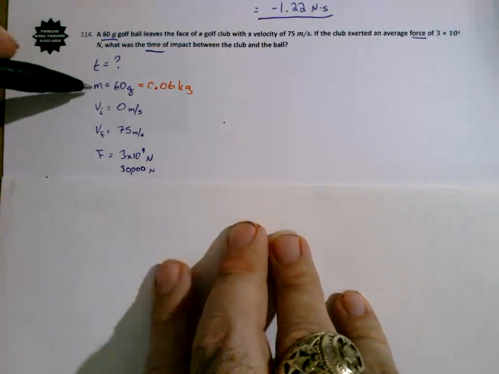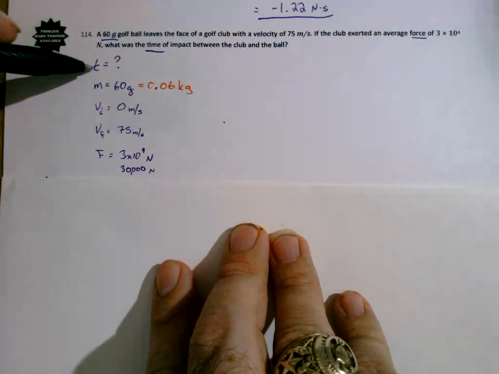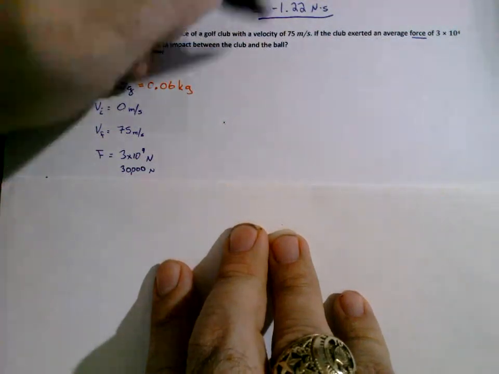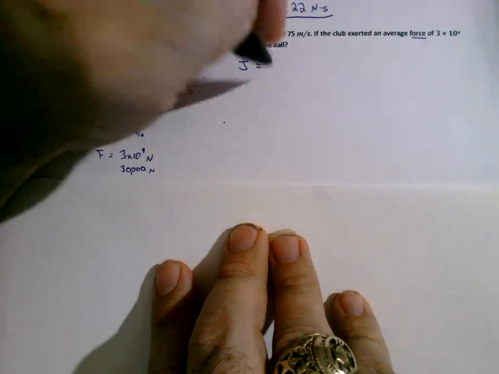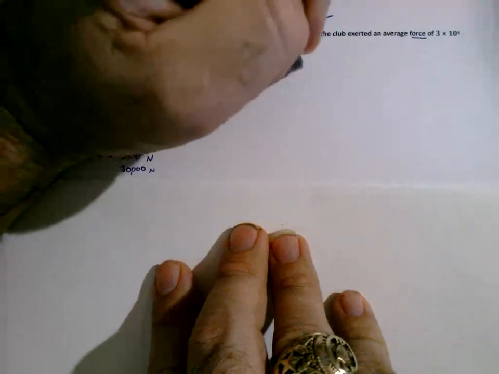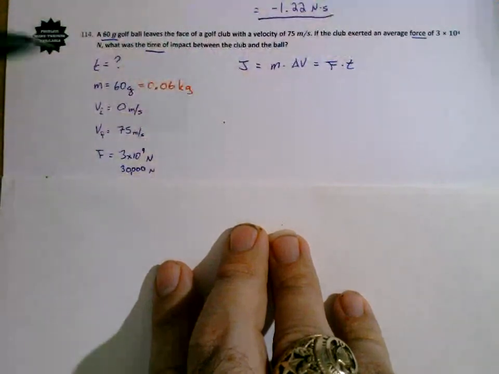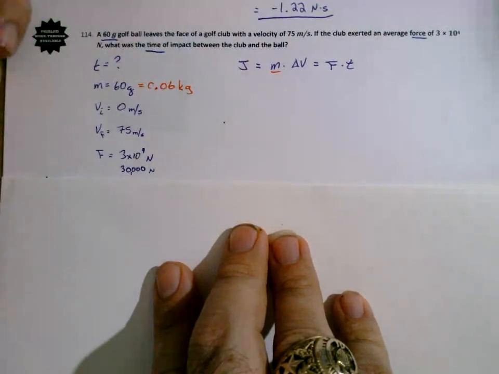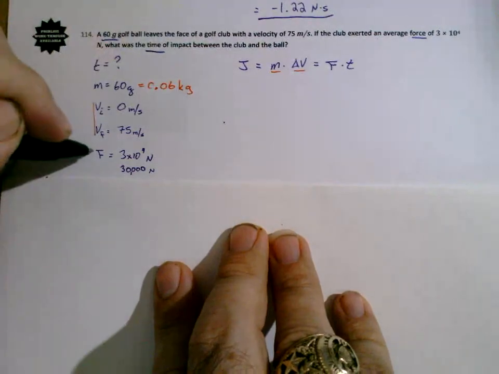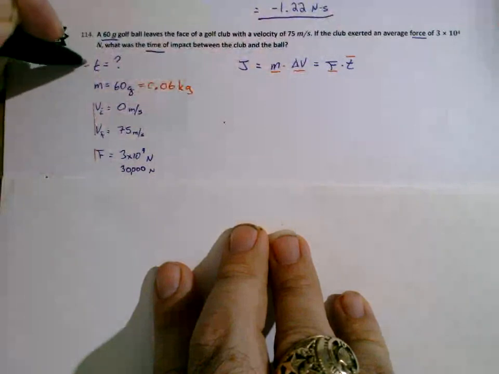Now, we have mass, initial and final velocity, force, and we're looking for time. Now, from our relationship, we know that impulse equals mass times the change in velocity, which equals force multiplied by time. Well, let's see. We have a mass, we have a change in velocity, we have a force, and we're looking for a time.